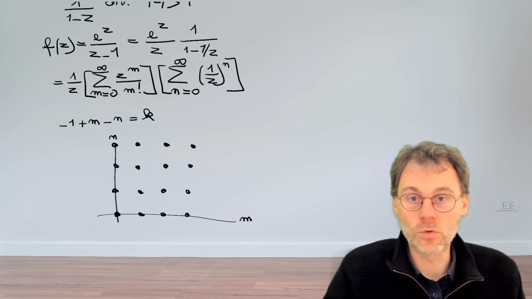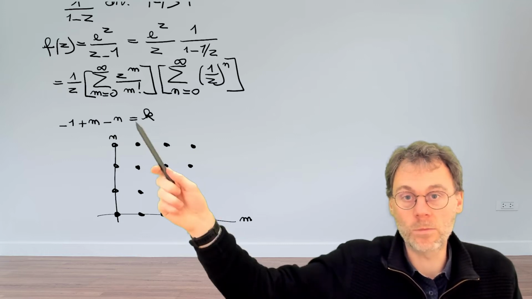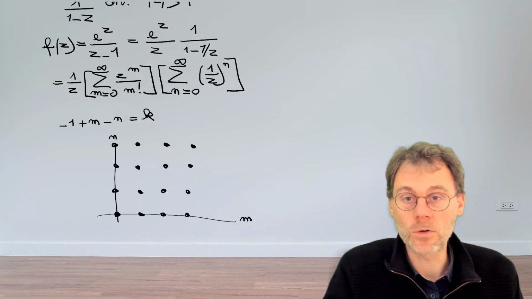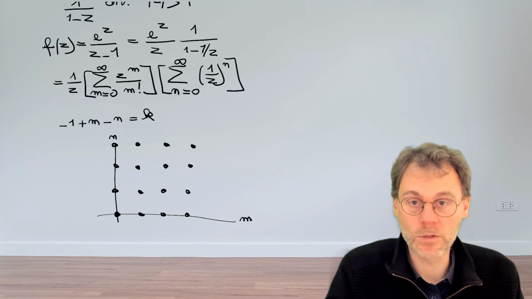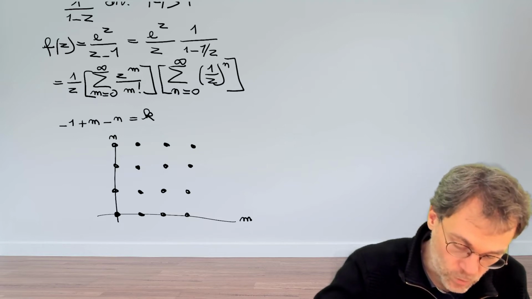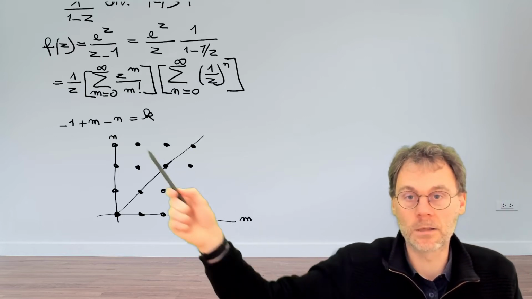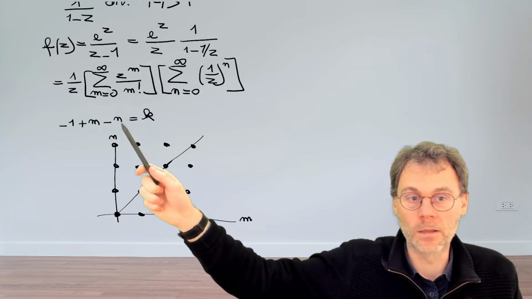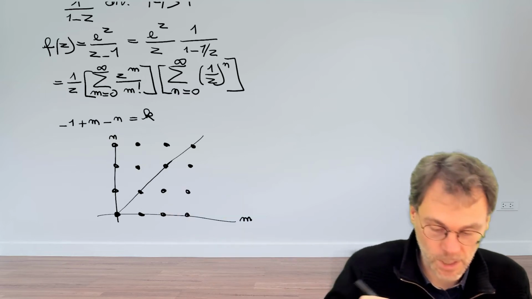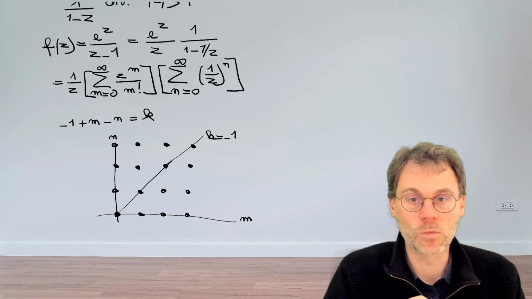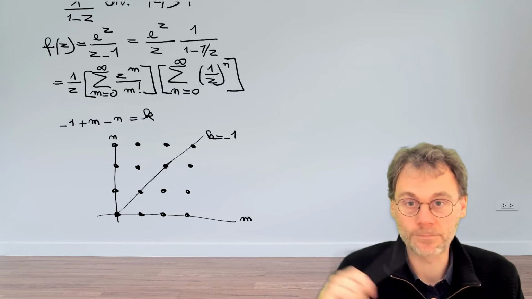But now we're going to order these dots in such a way that we make use of the summation index k. So let's have a look where we find certain values of k. Let's first focus on the diagonal over here, where m and n are equal. So if m and n are equal, that means that k is equal to minus 1. So k is equal to minus 1 on the diagonal.